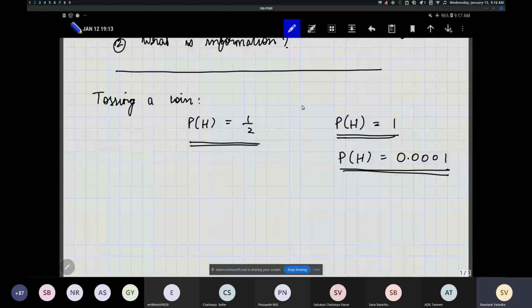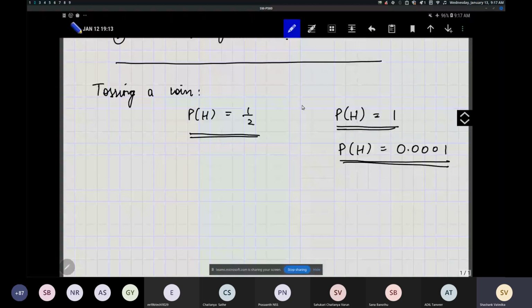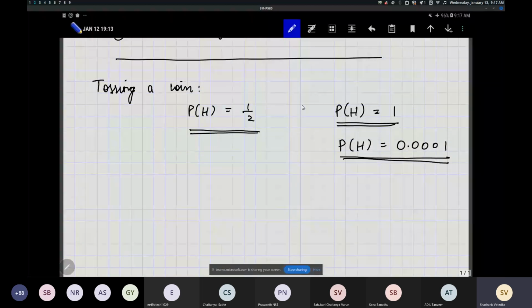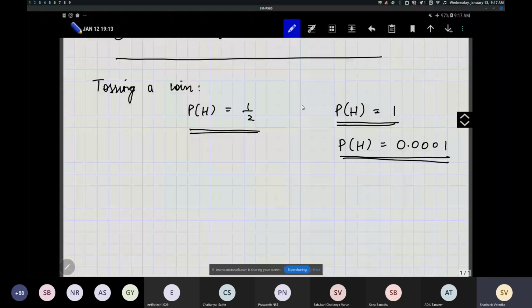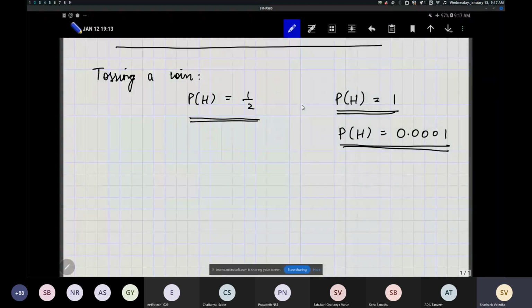Right? So in some sense, if I have a source which is producing, say, text or anything else, the more random it is, the more informative it is, and we'll formalize this in this particular class.